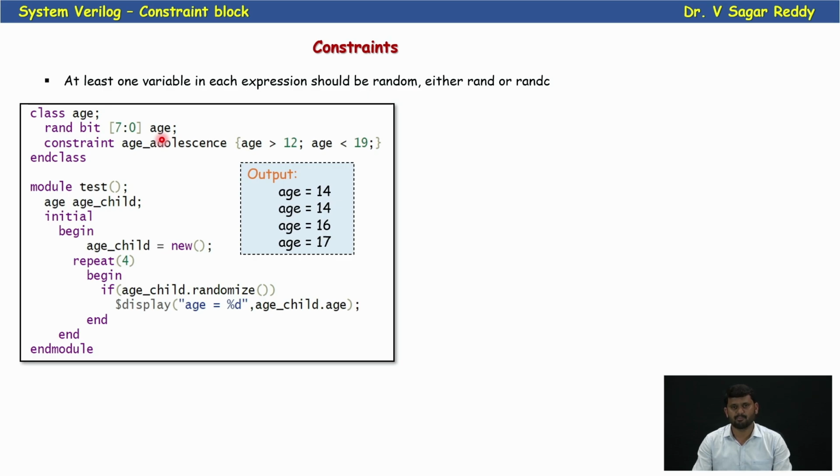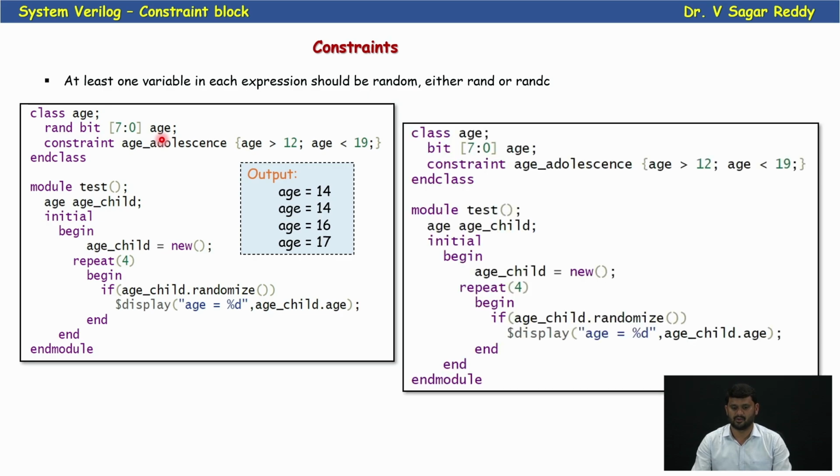Now see another example where the class does not contain any random variable, but we define a constraint. How does it look? In this example, I take the same example, but here age is not a random variable. Here I have not declared it with a rand modifier. It is a normal variable, we can call it a state variable. Here I'm imposing the constraint age_adolescence, age greater than 12 and age less than 19.